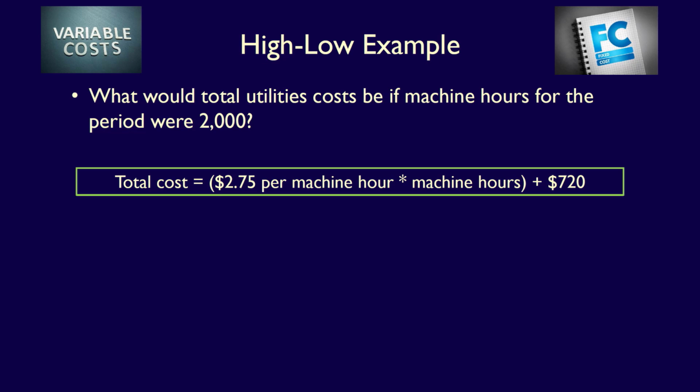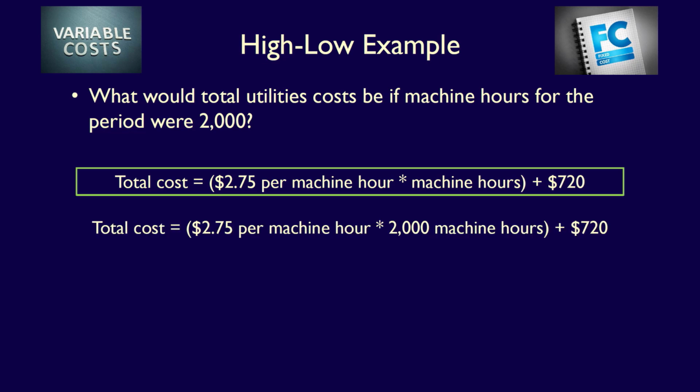We could use the formula to predict what the total utility costs would be. Total mixed cost is equal to $2.75 per machine hour multiplied by machine hours plus $720. Don't forget, we're going to replace machine hours with 2,000 machine hours. Total mixed cost is equal to $2.75 per machine hour multiplied by 2,000 machine hours plus $720.